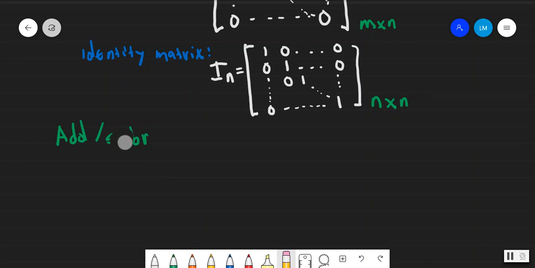Actually, let's go back. I need to look at the equality first.